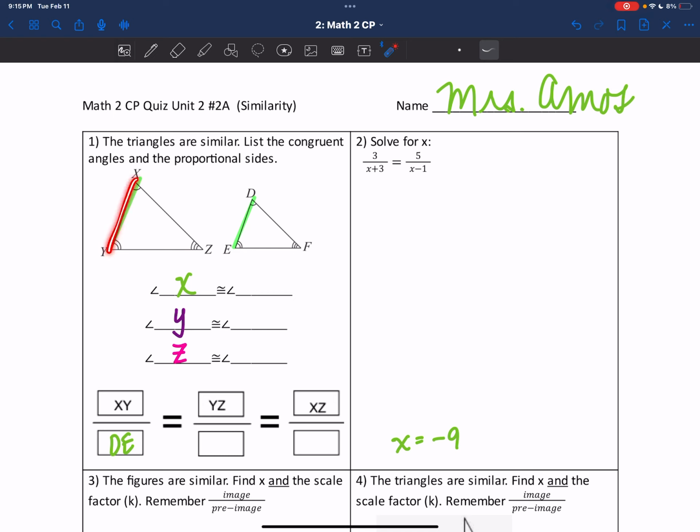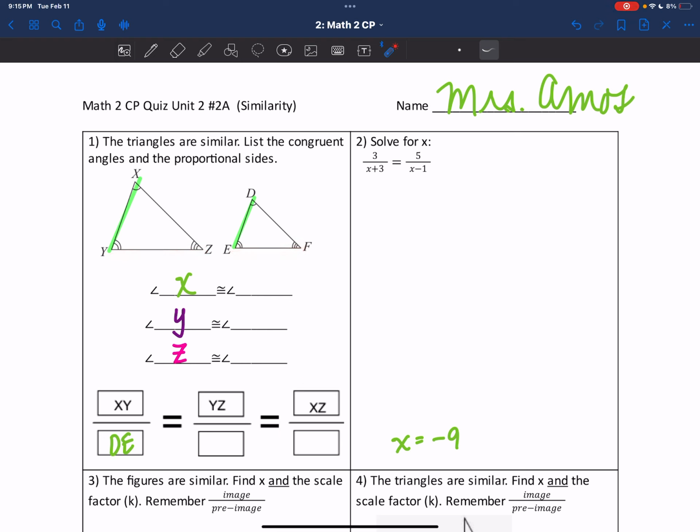So XY is going to go with DE because it goes from 1 to 2 and 1 to 2. So that's how I know this side goes with that. And then XY is written up here. You will have to write in DE here. So again, look at YZ. It goes from 2 to 3. So you got 2 to 3. So I know YZ goes with EF, so I would write EF here. All right, finish that one.